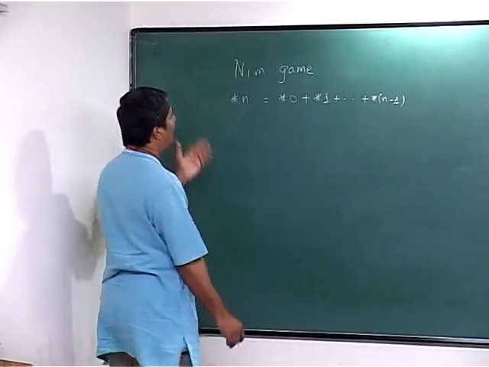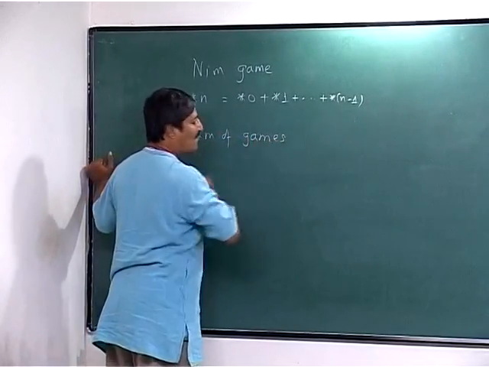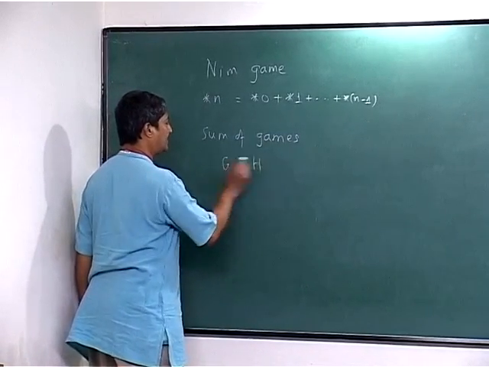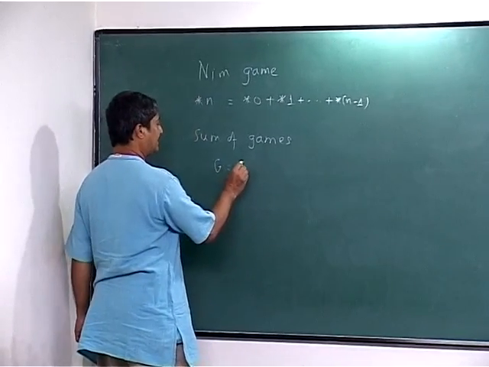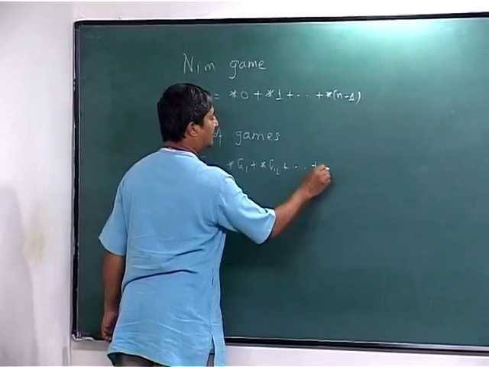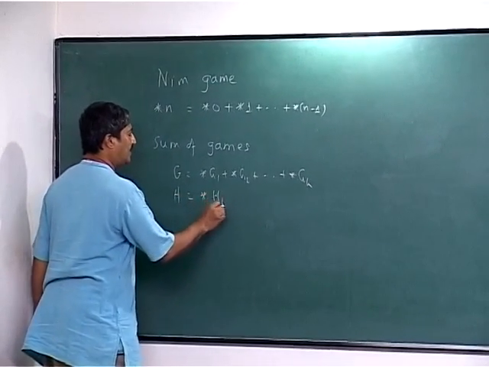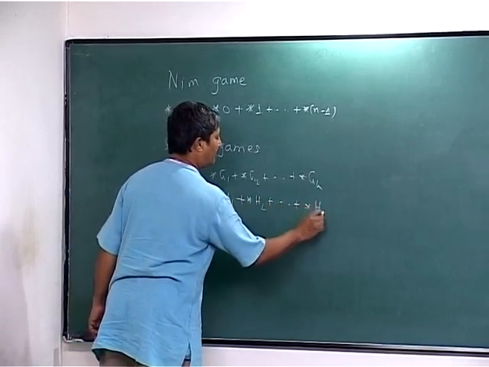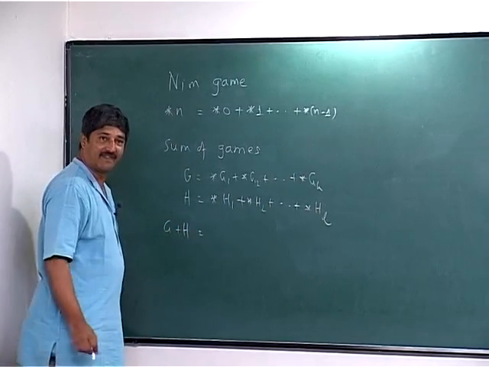So in general I can talk about sum of games, right? That is, if I have a game G and a game H, so G, let's say, has options G1, G2, up to GK, and H has options H1, up to HL, then G plus H is given by, what does it have?